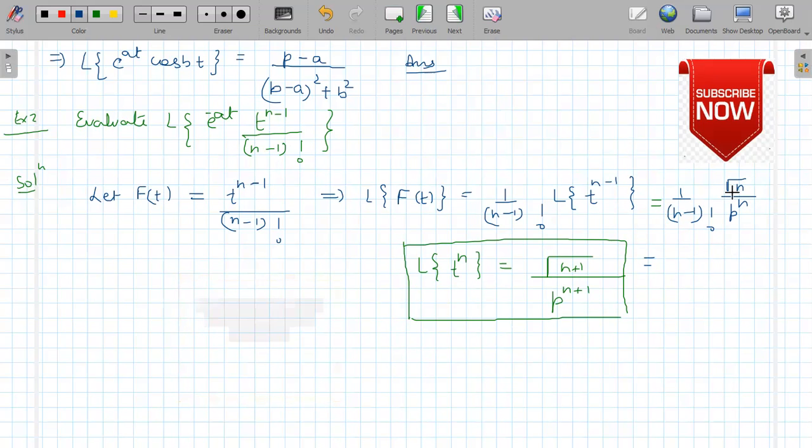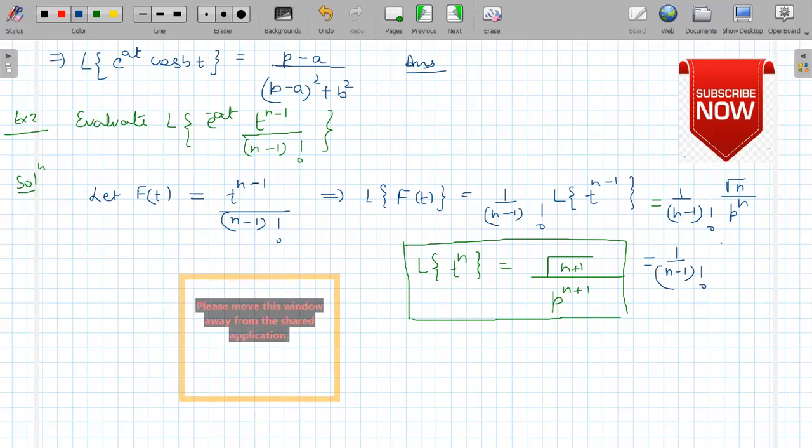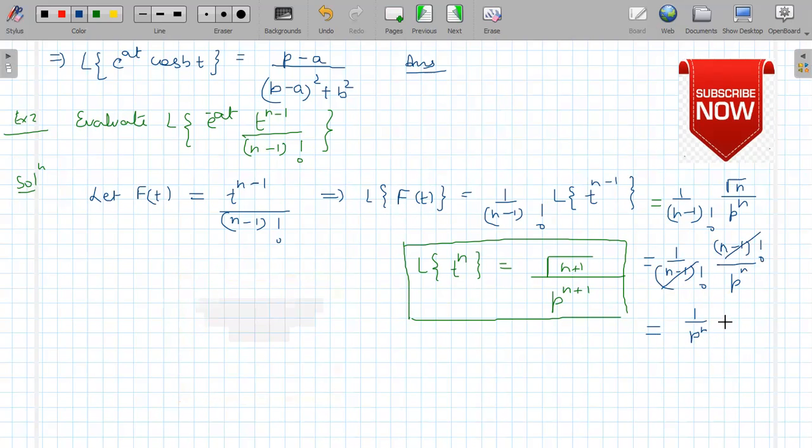So we replace this gamma n by n minus 1 factorial, whole divided by p raised to the power n. So this cancels out with this term. What is left here is 1 upon p raised to the power n. So this is the Laplace transform of f(t), which is denoted by F(p).